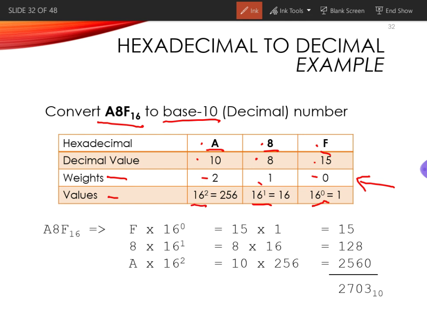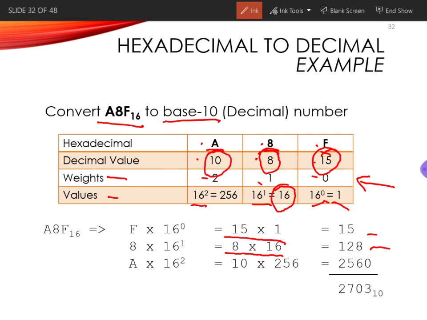So now we just multiply each of these. 15 multiplied by the weighted value 1 is 15. Then 8 multiplied by the weighted value of this position, which is 16. So 8 times 16 is 128.